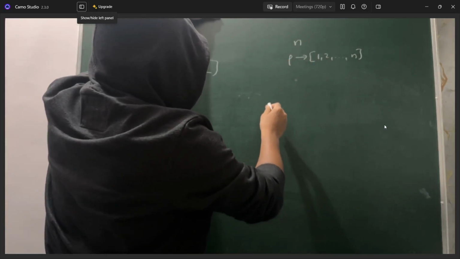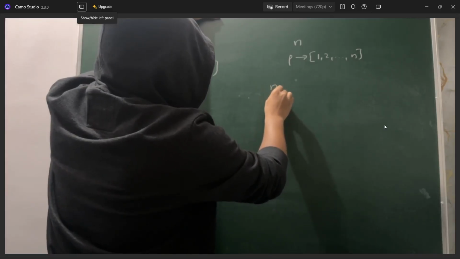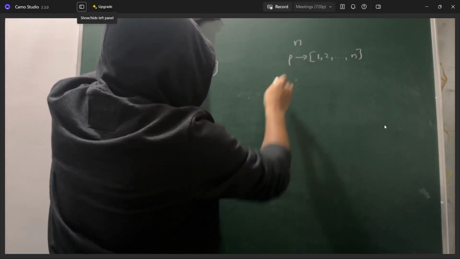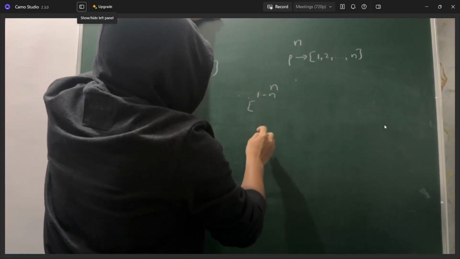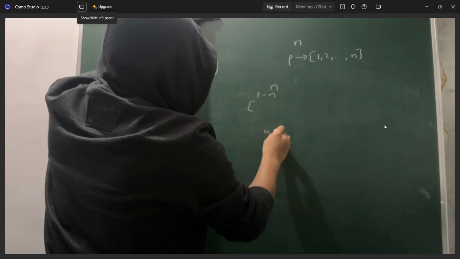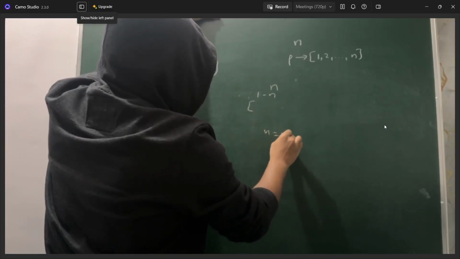So for a given n, a permutation is made of numbers in the range from 1 to n, right? So whatever number you are taking, let's say n is 10, or let me take n as 4.